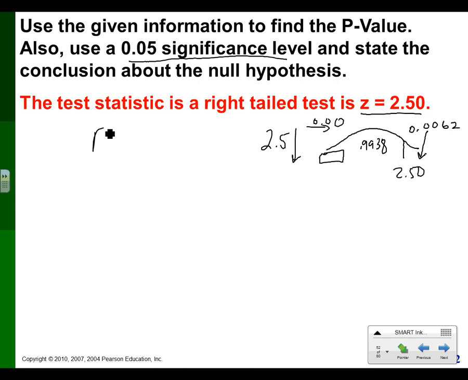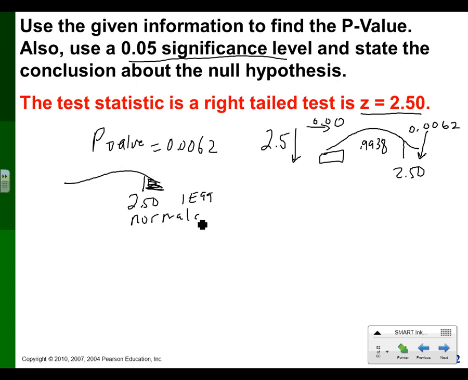So the p-value is equal to 0.0062. If you have a calculator, remember, if you're trying to find the area between two numbers, you have 2.50 and 1E99. That'd be a normal CDF calculation.